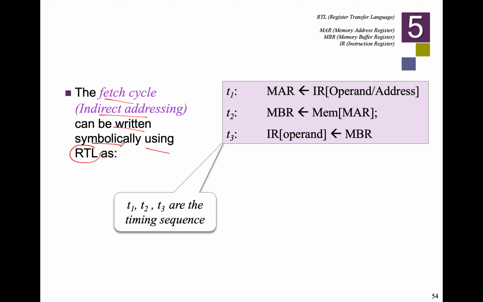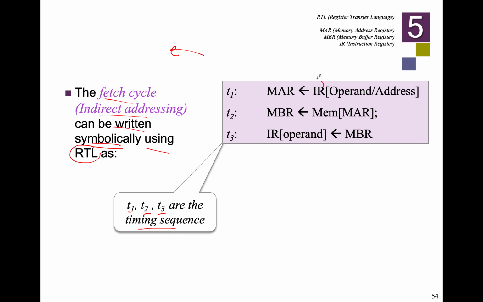It can also be written symbolically using RTL for the fetch cycle with indirect addressing. The operations T1, T2, T3 are the timing sequence similar to previously in your fetch cycle.